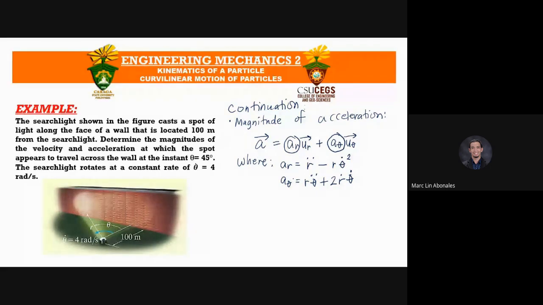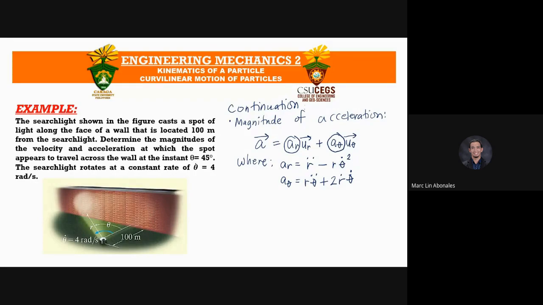So these are the equivalent nga equation for the radial and transverse components sa acceleration. So based sa kaning equation nato, ang atong needed are the r double dot and theta double dot. Kay ang other time derivatives nakuha na nato kanina sa velocity.